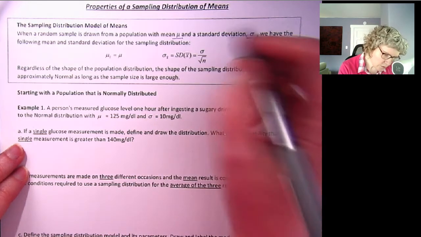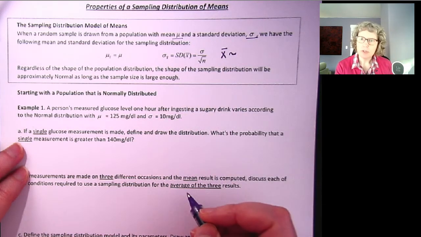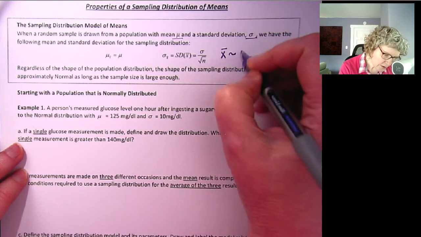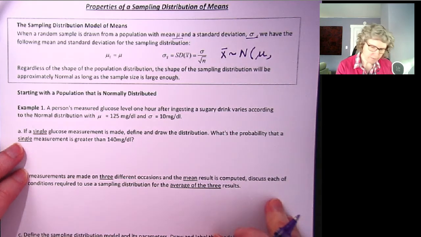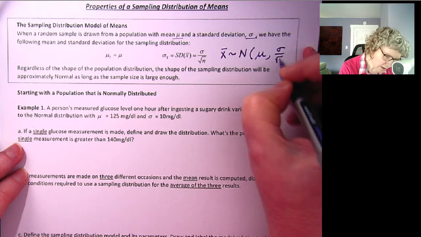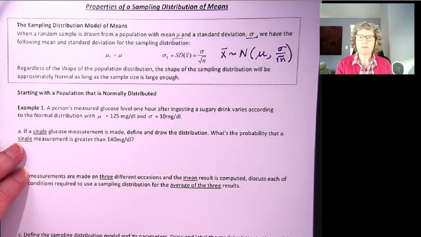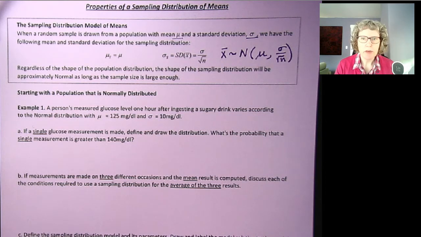We could also summarize this by saying x bar is distributed as normal with a mean of the original mean and a standard deviation of sigma divided by the square root of n. So that is our new distribution that we'll be working with, and we can find these numbers, put them into our online stat book or GeoGebra, our probability calculator, and we can calculate probabilities now.